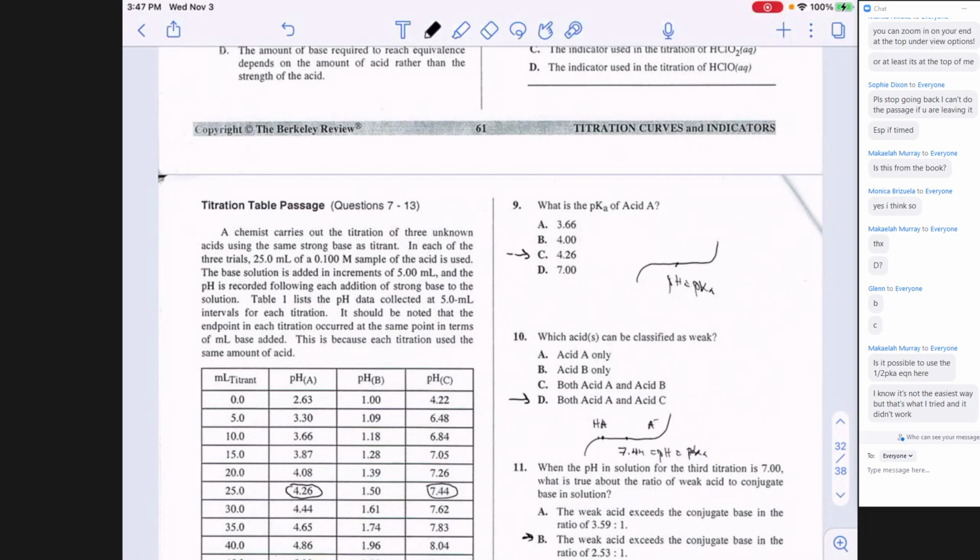You can technically do it because you have pH, and you can find pKa minus 1/2 log of your original acid concentration. Because you know this and you know this, you can possibly find that. But this was much easier to find by understanding the titration curve, that at the half equivalence point, or at 25 mils, your pH is your pKa.